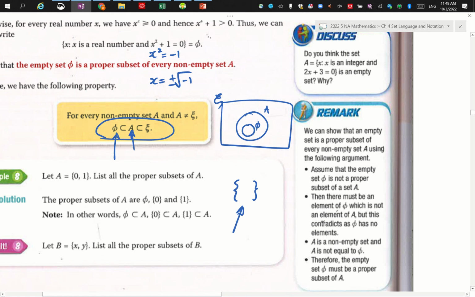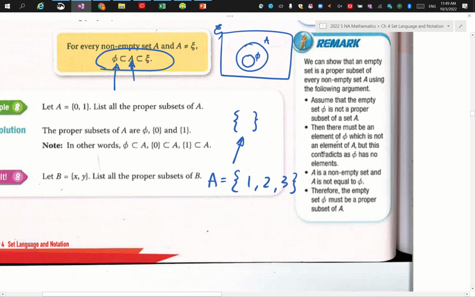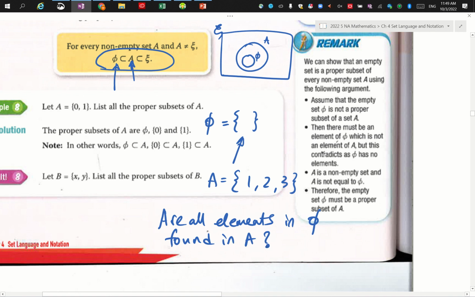For a set A, for example, which contains 1, 2, and 3, are all the elements inside the empty set found in A?